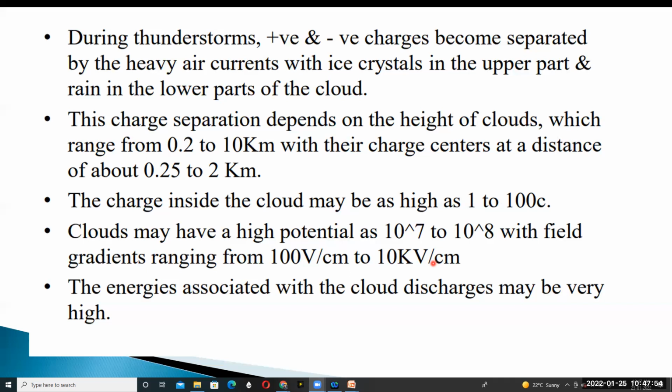The maximum gradient reached at ground level due to the charge may be as high as 300 volts per centimeter. The energies associated with cloud discharges may be very high.